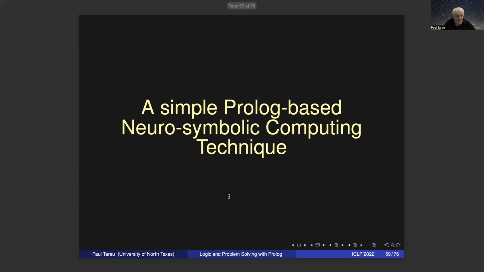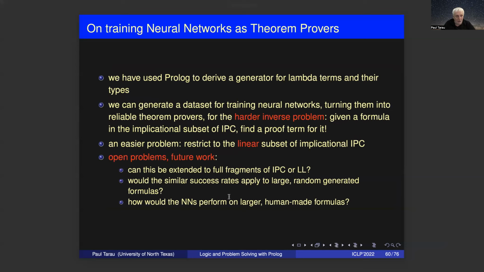Okay, well, let's go one further step now with an application of this story, right? We could train neural networks as theorem provers, provided that we feed them with enough data. So for that, we need to have a generator of formulas.